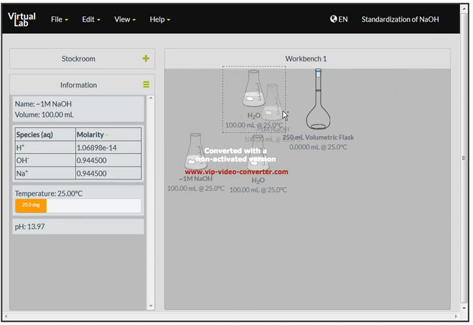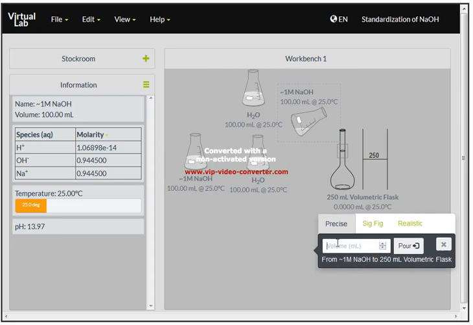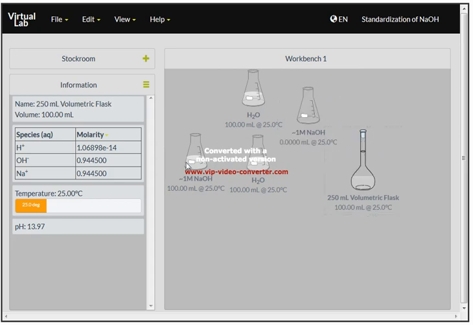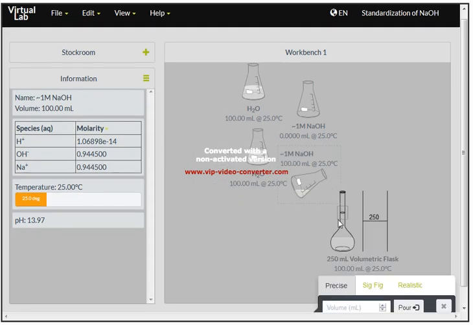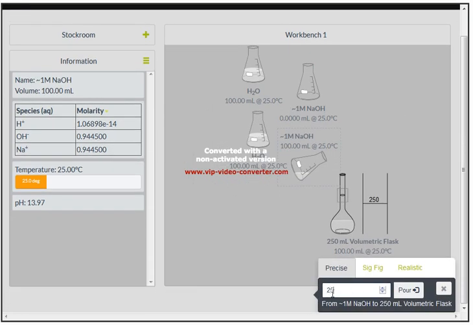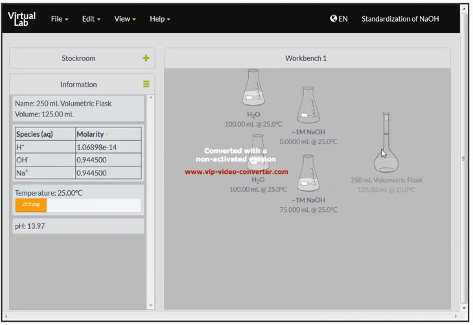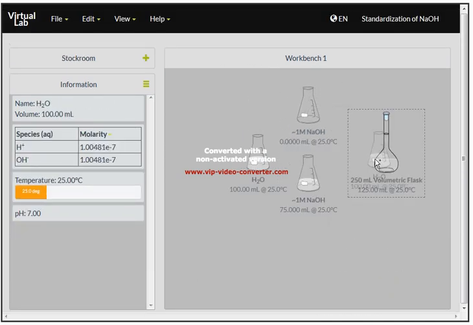You can add the sodium hydroxide to the flask and continue adding an additional 25 milliliters, and then add the distilled water.